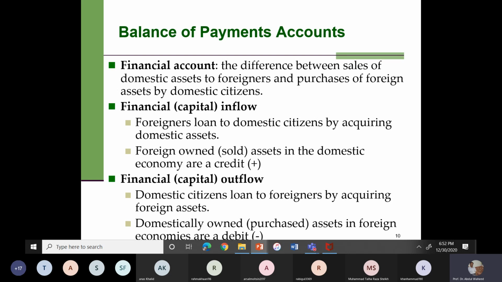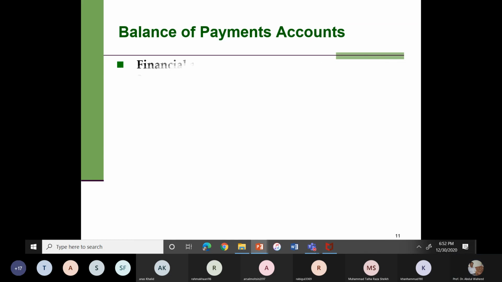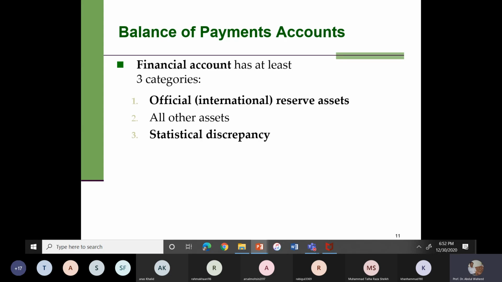If you are buying foreign assets, again it means you have to make a payment. So this would be a financial outflow. In the financial account, we have three categories: official international reserve assets, all other assets, and statistical discrepancy.